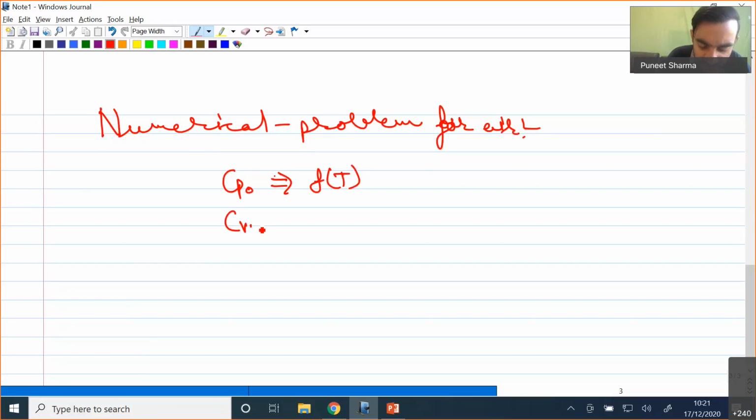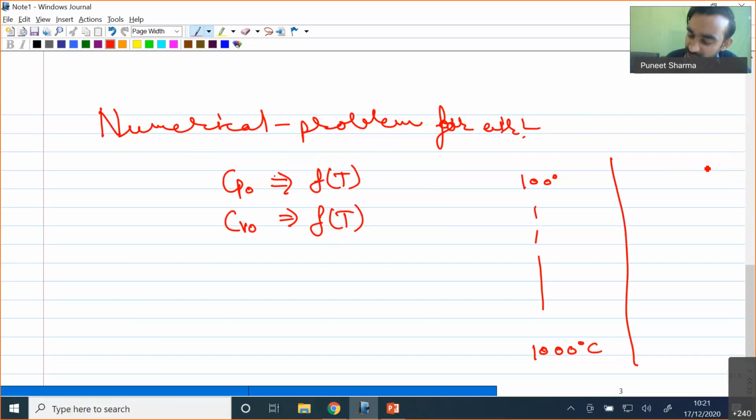Similarly, CV naught is a function of temperature. For example, if my temperature is varying from 100 degrees Celsius to 1000 degrees Celsius, we have a certain table for CP and CV, with the value of specific heat given as x1, and somewhere here x n, with multiple values x2, x3.